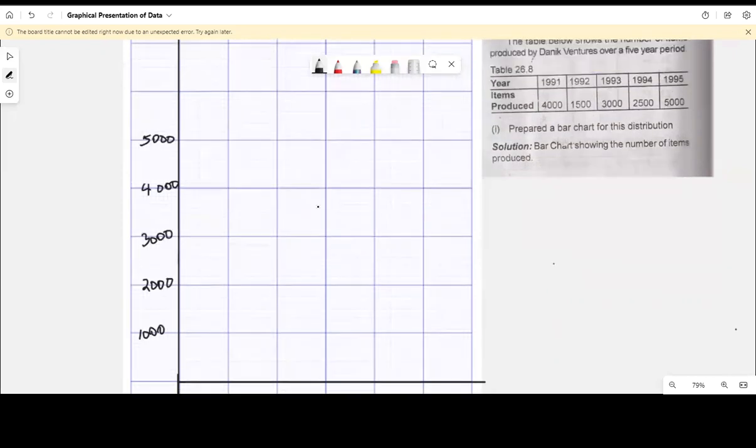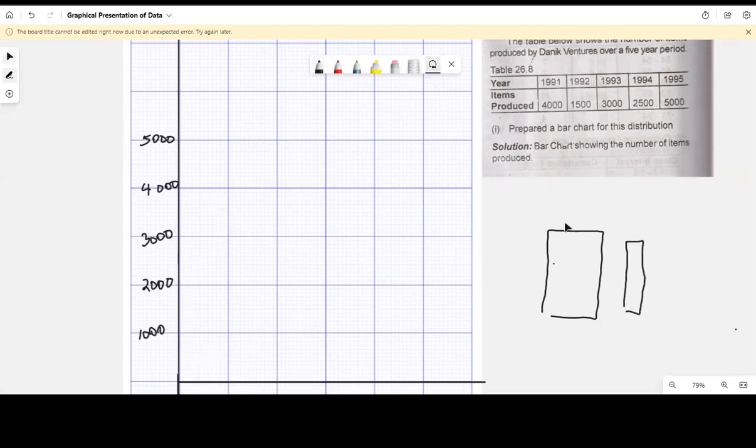Now, in drawing a bar chart, all the bars must have equal width. That is, if I am drawing from this point to this point, the width, meaning the distance along the horizontal, must be the same. For example, I cannot have one bar as wide as this, then have another one tiny like this. No, that is wrong.